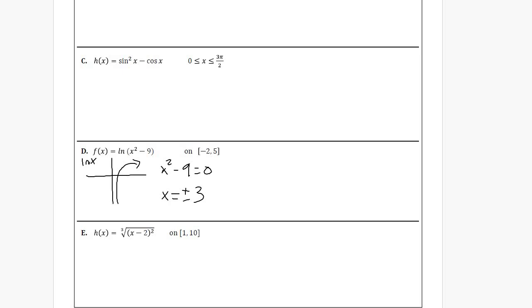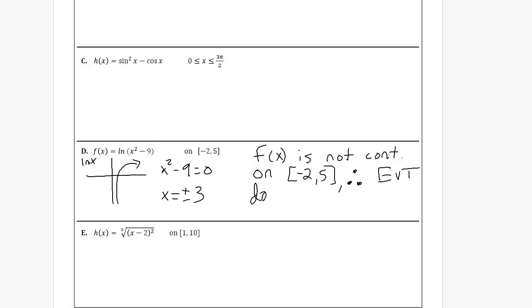So we would say f of x is not continuous on -2 to 5. Therefore, remember our 3 dots means therefore, EVT does not apply.